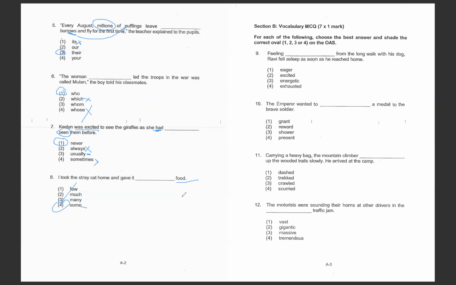So use "some". "Few" is little. You definitely can't give it few food. Okay, no. "Much" food, no. Much is uncountable, so you say, wow, there is so much, but you don't say give it much food, give it some food.